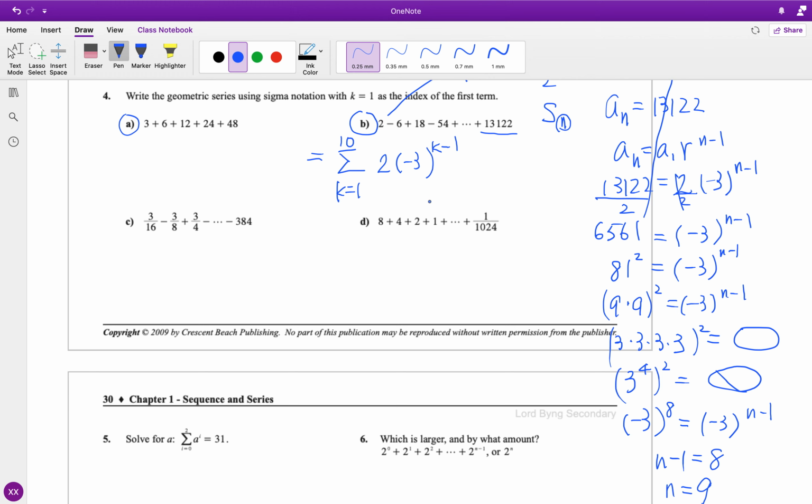Okay, so let's just verify. So if that's a 10, so a10 is 2 times negative 3 to the power of 9.